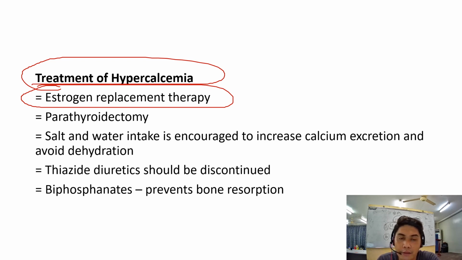Another, thiazide diuretics should be discontinued because thiazide diuretics promote reabsorption of calcium. Another is bisphosphonates because bisphosphonates prevent bone resorption. So those are the treatments or possible ways to manage hypercalcemia.